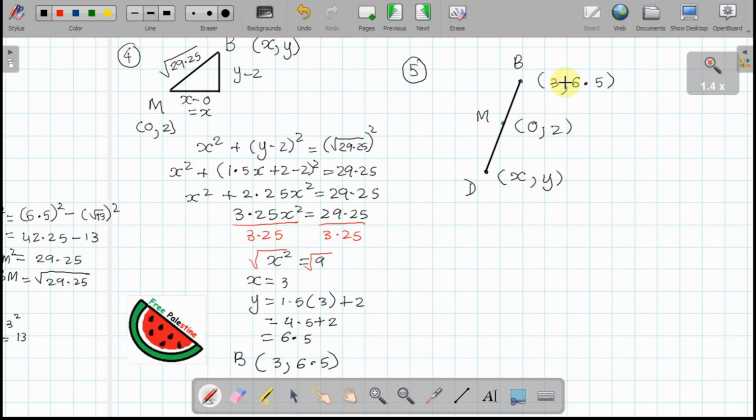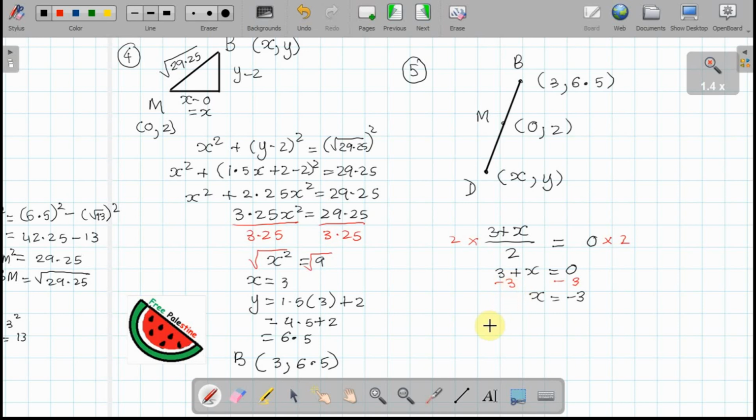We know how to find the midpoint, so we add the two x coordinates divided by 2. So I can say 3 plus x, those are the two x coordinates, divided by 2. That'll give you the x coordinate of the midpoint. That's equal to 0. And then I solve for x. So I multiply both sides by 2. So I get 3 plus x is equal to 0. And then subtract 3 both sides. So x equals minus 3. Now, again, I'm going to do the same thing for the y coordinate.